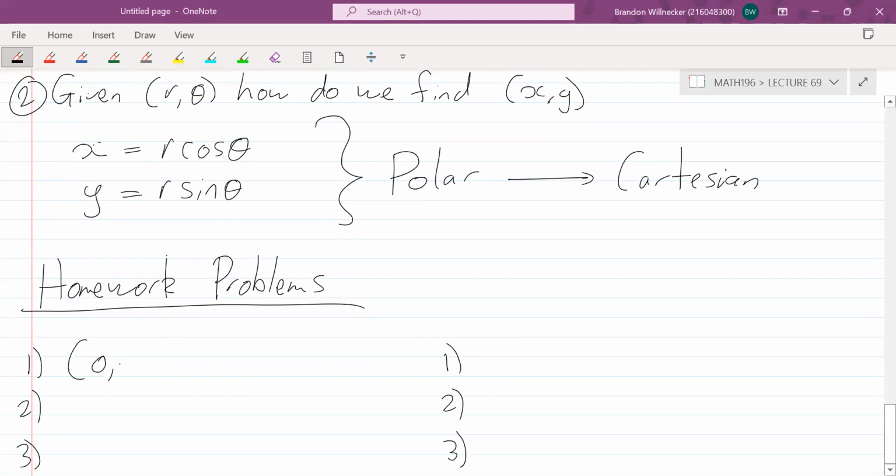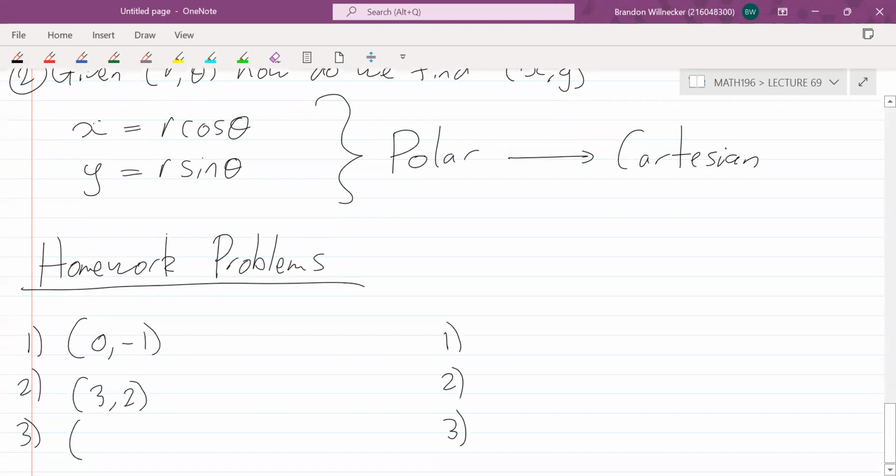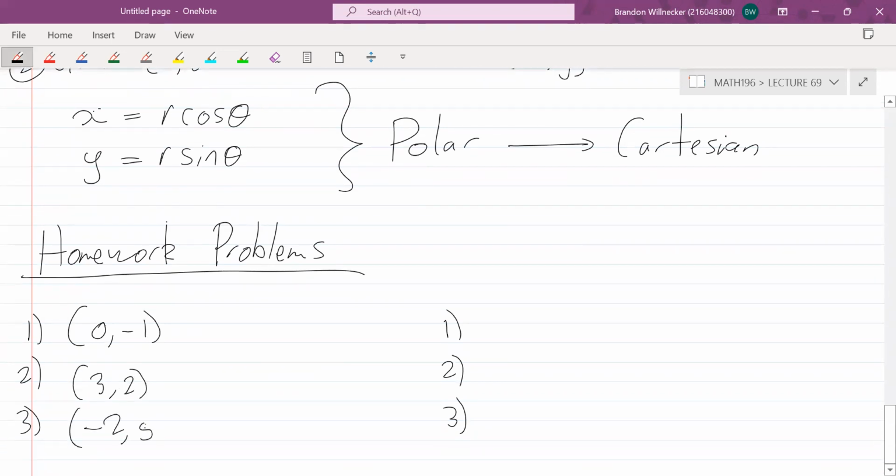So I've got (0, -1), (3, 2), and (-2, 5). Okay, so those are in Cartesian. Please convert them to polar. And then in the other case, I'm going to give you polar. Please provide the Cartesian. So this is going to be (2 pi over 3, 1), (pi over 2, and 5 and pi over 4).